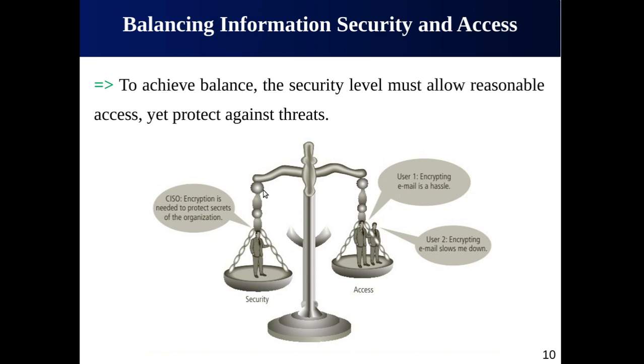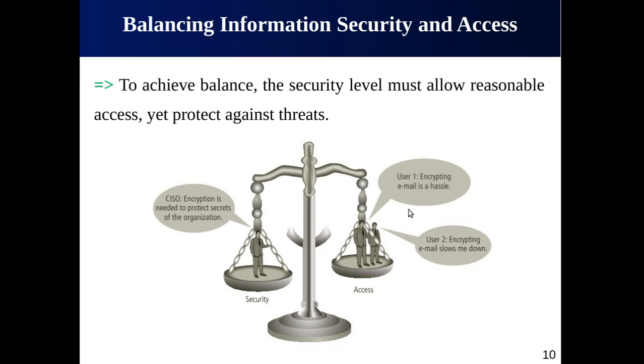If you provide too much security, like encryption, then the users will encounter different delays. You see, hey, encrypting email is a hassle. Why? Because it slows down the process. You are actually applying different types of algorithms to make your data secure, and for that you have to encrypt the data, and it will take some time.